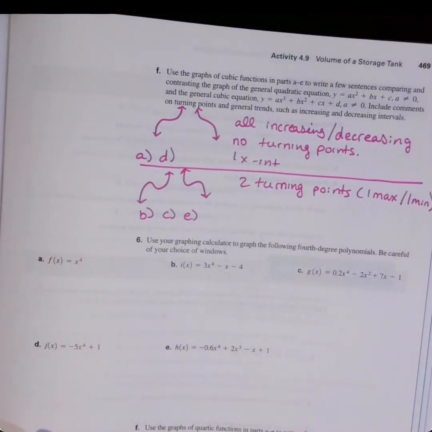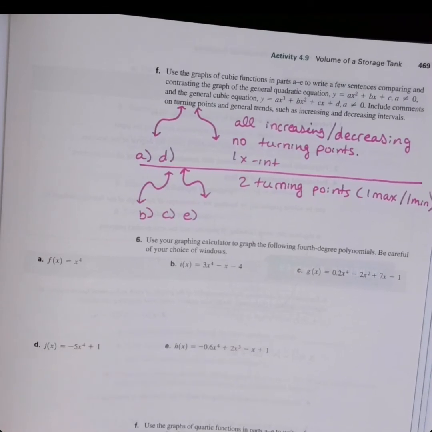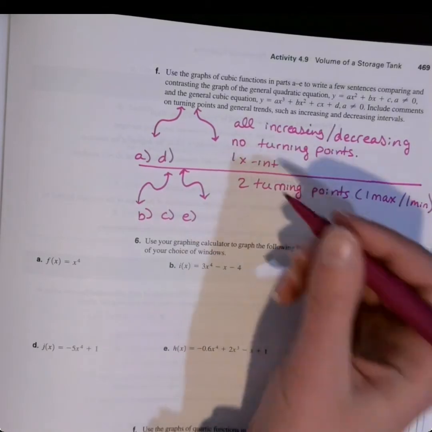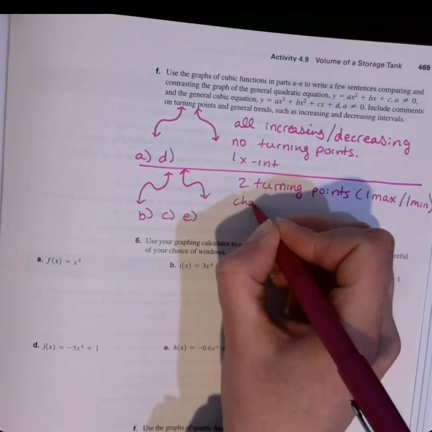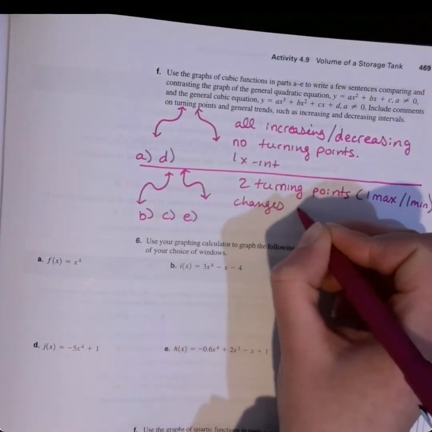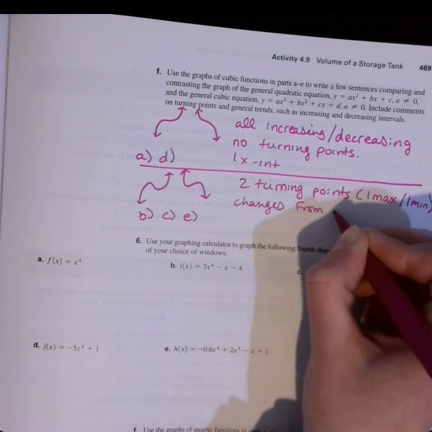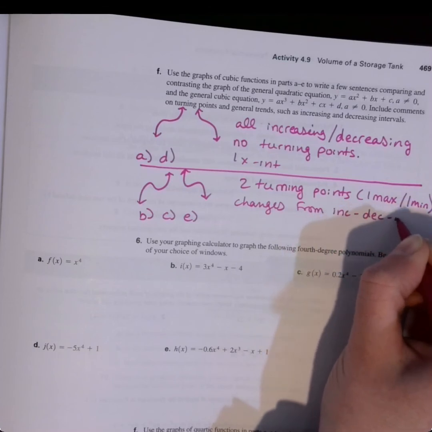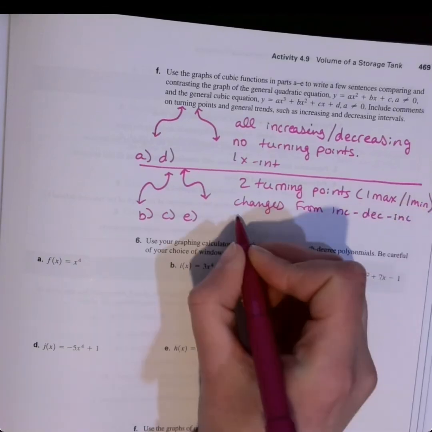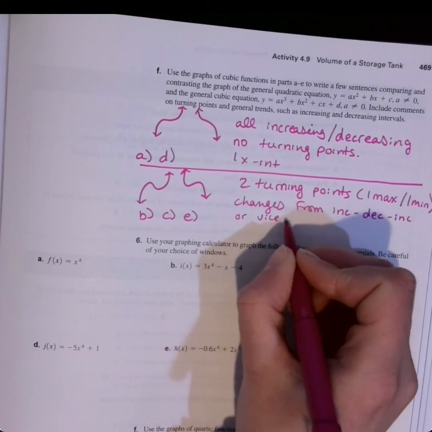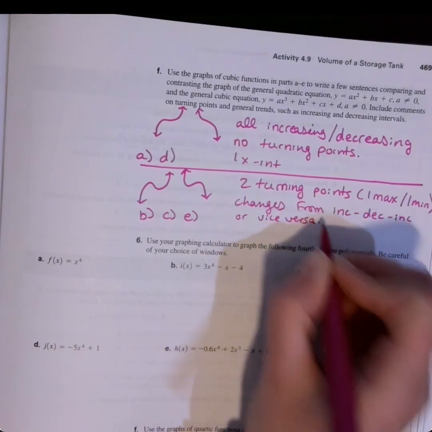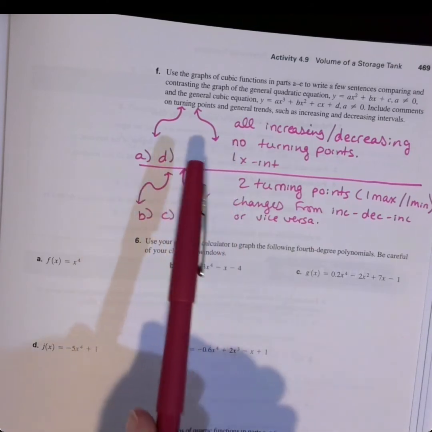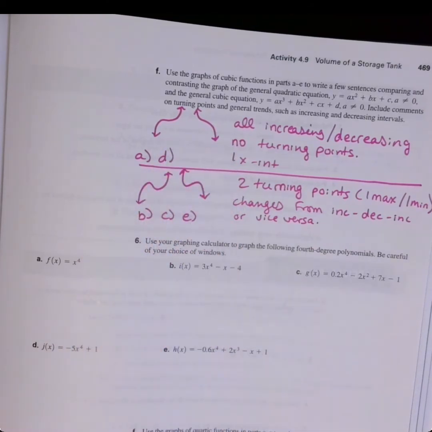And so it does change from increasing to decreasing to increasing, or vice versa. So it's not always increasing or always decreasing. It's going to be increasing, decreasing, increasing, or vice versa, decreasing, increasing, decreasing.